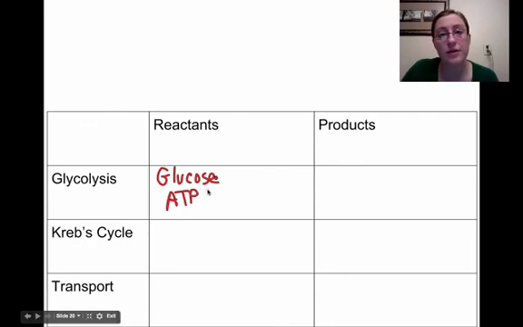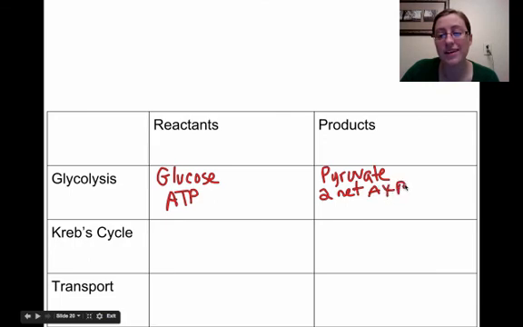We don't need to keep track of anything else. All right. So we have the glucose going in. We're going to break it down, and that's going to yield some pyruvate molecules. We're going to make 4 ATP, but overall, because we spent 2, we're going to make 2 net ATP.